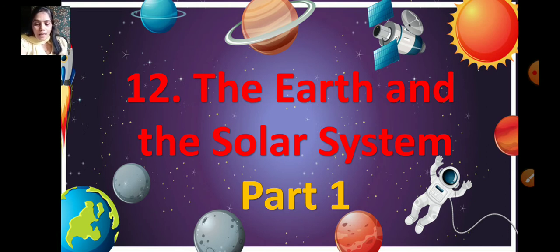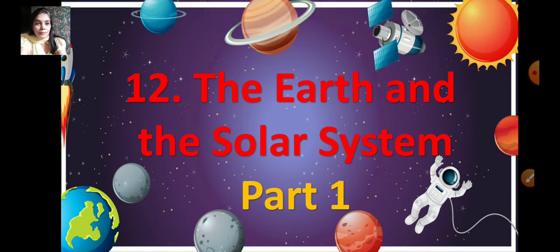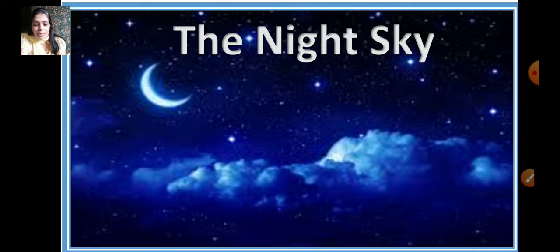Have you seen the night sky and how the sky looks in the daytime? Which time do you like? Night time is very beautiful, right? The stars are twinkling. The night sky is very, very beautiful and so different from the daytime.